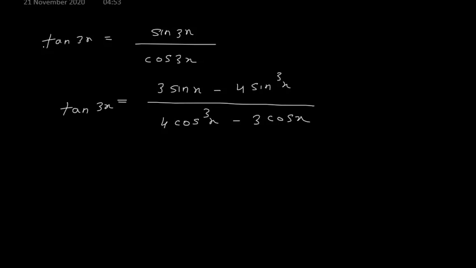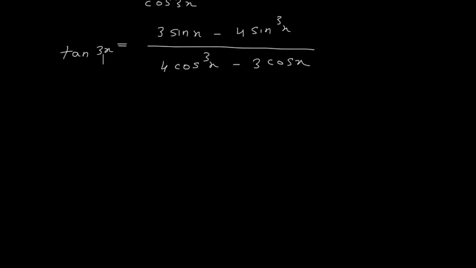So for that what should we do? We should divide this numerator and the denominator by cos cube x. So let us divide this numerator and denominator by cos cube x.